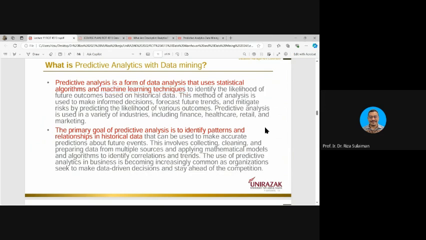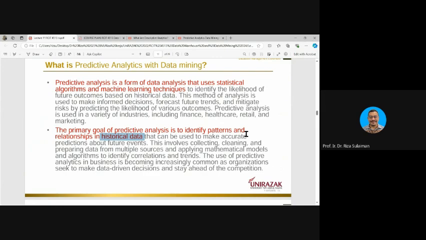The primary goal of predictive analysis is to identify patterns. So this is related to statistics, and the historical data. Why? Because we need to do prediction, so use a historical data to predict. So have a look at the video which I've sent in our group. It's related to these 2 points which I've colored in red.